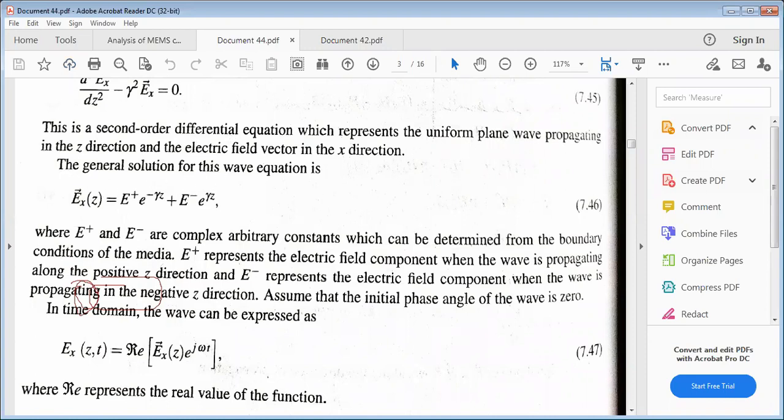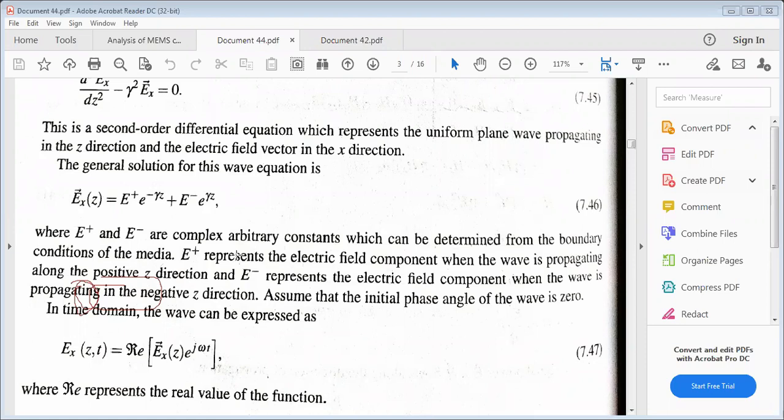The general solution for the wave equation, the second order equation, is Ex of z equal to E plus into e power minus gamma z plus E minus into e power gamma z. E plus means transmission and E minus means reflection.